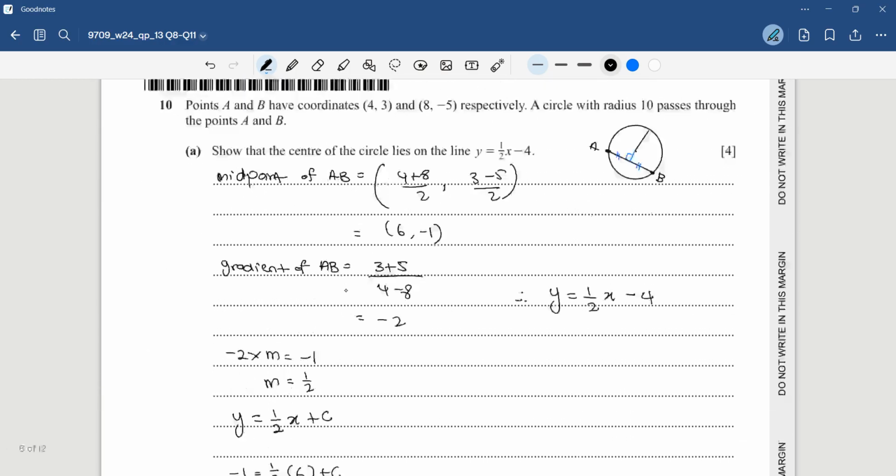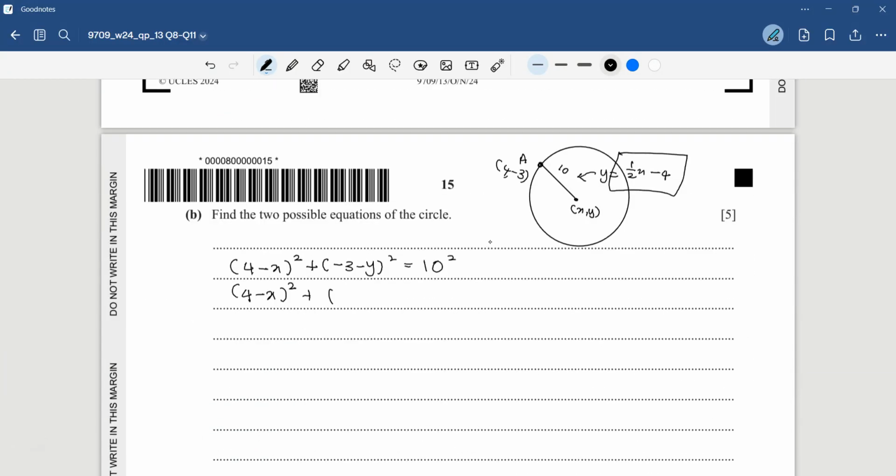Okay, so it will be (4 minus x) square plus, is it negative 3 or positive 3? Positive 3, I'm sorry. So (3 minus 1 over 2x plus 4) square equivalent to 100. So x square minus 8x plus 16 plus, so 3 plus 4, 7. So 1 over 4x square minus 7x plus 49 equivalent to 100.